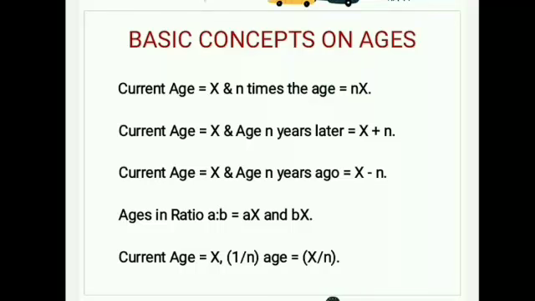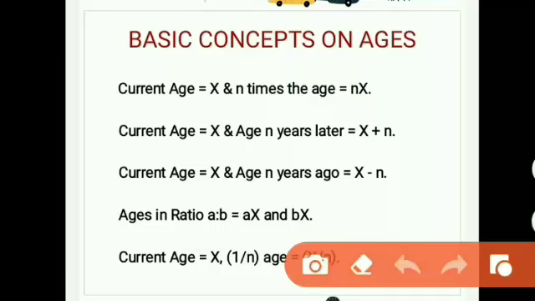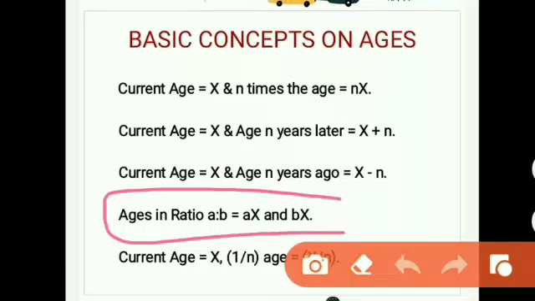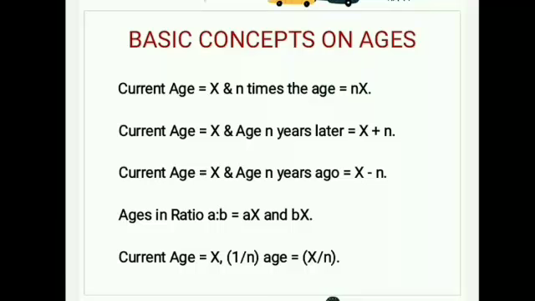Now if they ask about a ratio, that is a is to b, then it will be ax and bx. And the last one: if the current age is x, then 1 by n of the age is x by n.